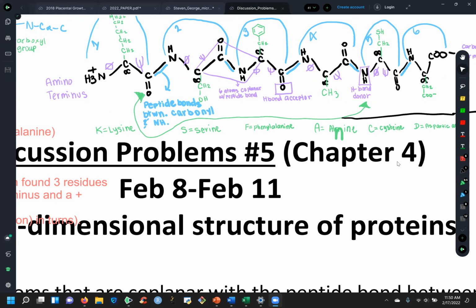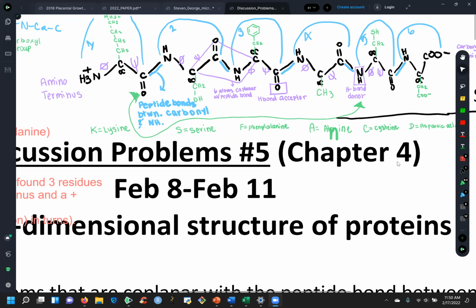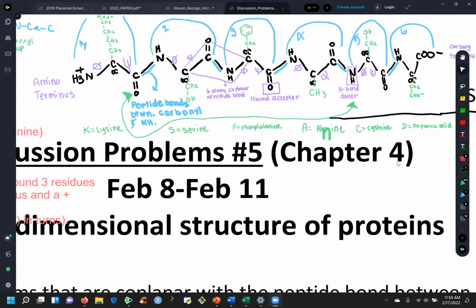All right, so let's see here. Sorry, what was I on? Oh, peptide bonds. Where does the peptide bond form? Where you have the carbonyl with a nitrogen. So let's find our first carbonyl to the next nitrogen. This is our peptide bond. This is where this amino acid is holding hands with this amino acid.